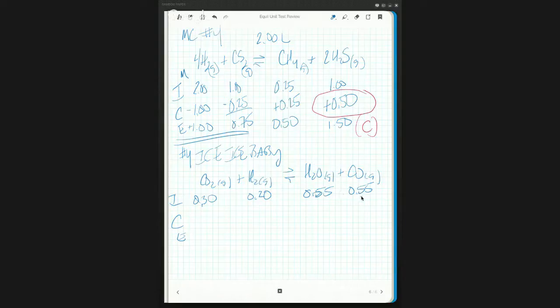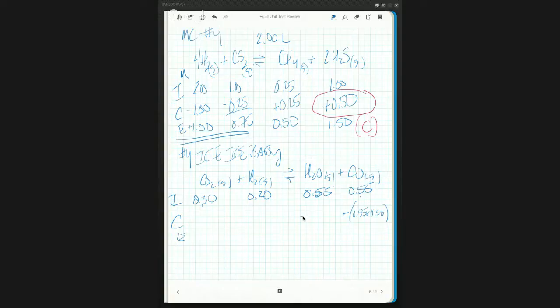Okay, so 30% of the CO is converted back. So here's the CO, that's the 0.55. So that change is, we're losing negative 0.55 times 0.30. Okay, so 0.55 times 0.3, and I get 0.165.